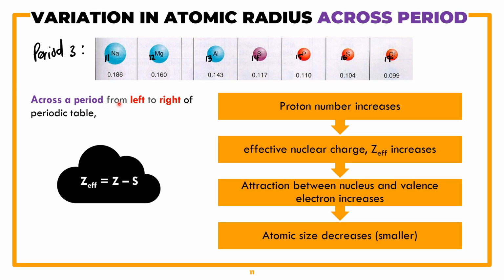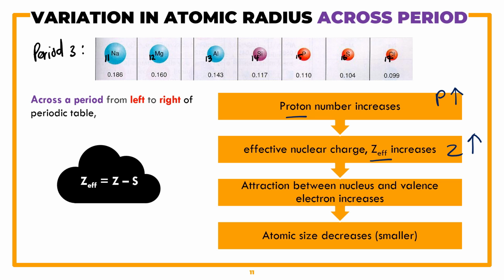So across the period, from left to right in the periodic table, as the proton number increases, effective nuclear charge Zeff will increase, attraction between nucleus and valence electron increases, atomic size decreases or gets smaller. So what does it mean by effective nuclear charge Zeff increases?